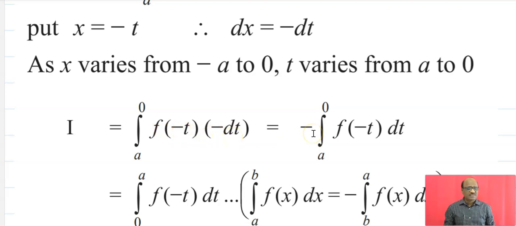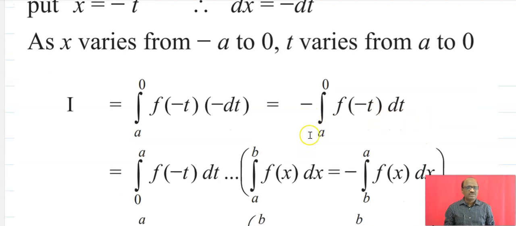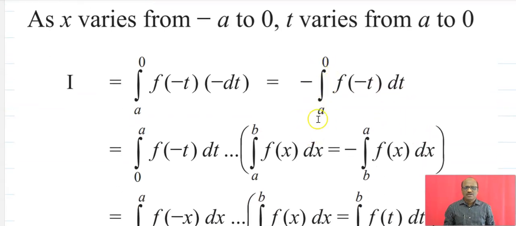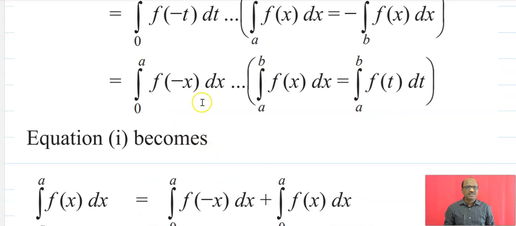Take the minus outside this integral sign, that is the integral a to 0 f of minus t dt. And we can again change the limit, upper limit to lower limit, so the negative sign will be absorbed. Integral 0 to a f of t dt, again by the change in the variable property, 0 to a f of minus x dx.